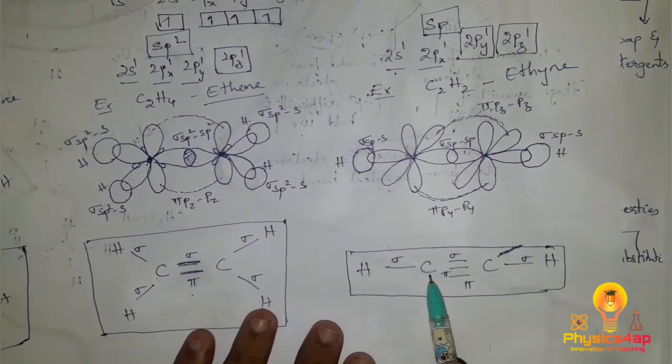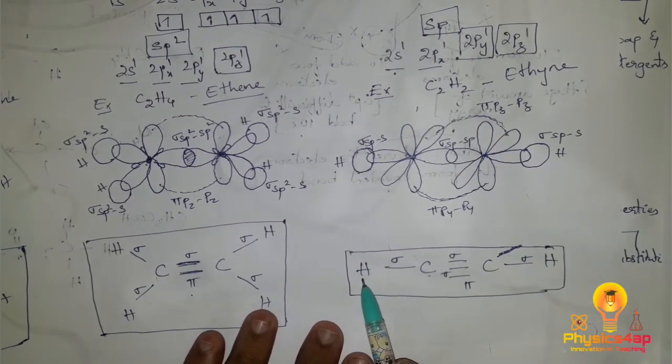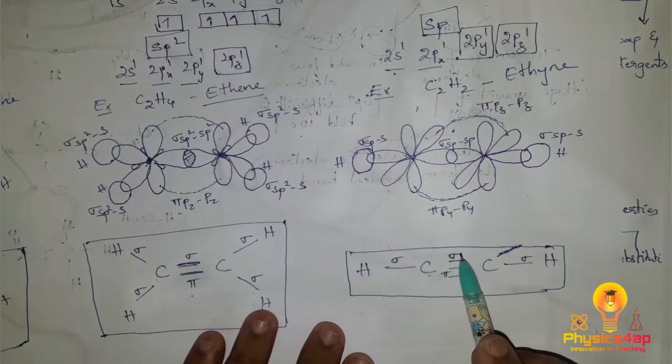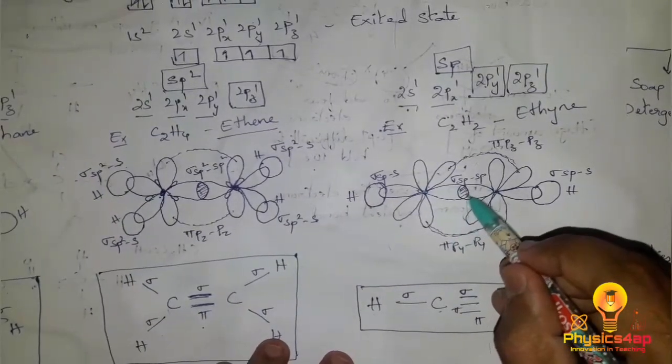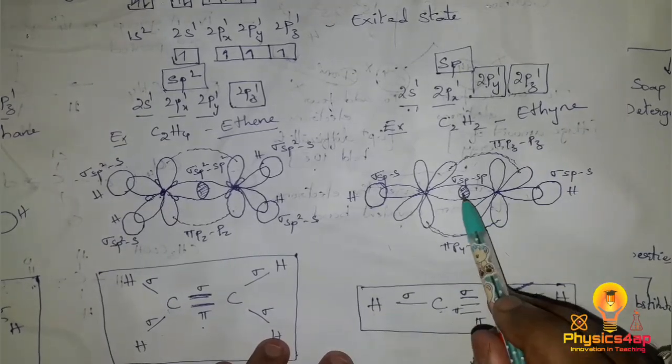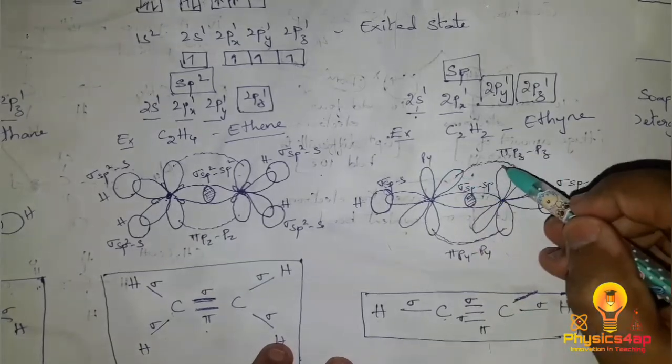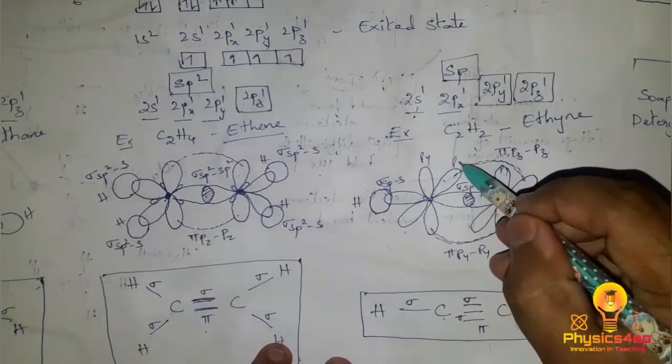Here one carbon is combined with the hydrogen, and here we have one sigma bond. This is the sigma bond we are forming here, and this is py and this is pz.